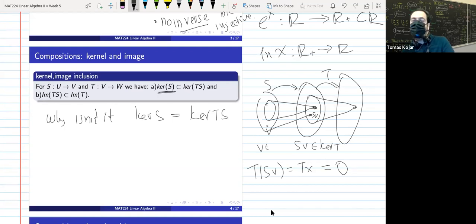So V is not in the kernel of S, but its image is in the kernel of T. So then together, they're 0. S of V is not 0. Does that make sense?